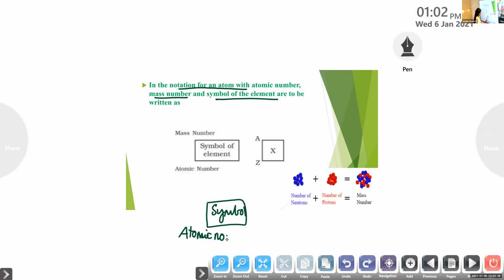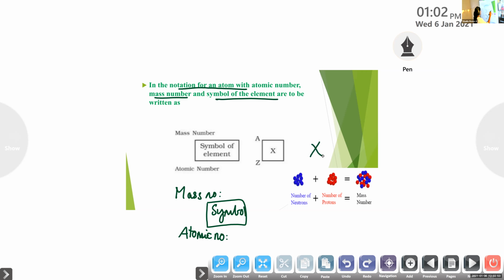Then on the left top of the symbol we write the mass number. So symbol of the element, left top mass number, left bottom atomic number.